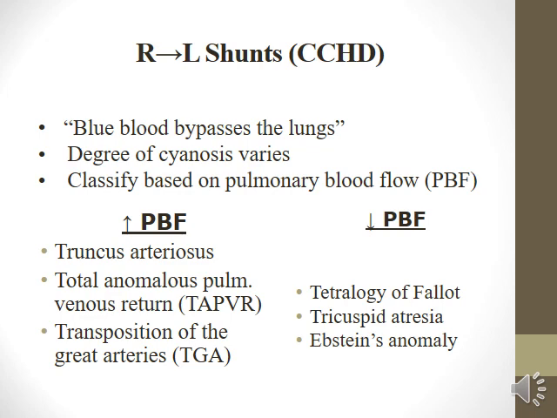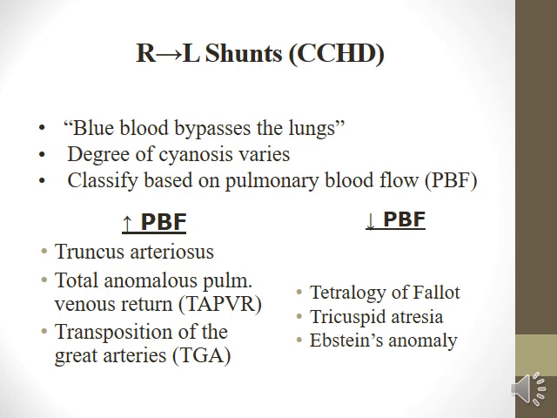Blue blood bypasses the lung and goes into the systemic circulation, and the degree of cyanosis varies. It is classified depending upon the pulmonary blood flow, whether there is increased blood flow or decreased blood flow. If there is increased blood flow, it can be seen on the chest X-ray.